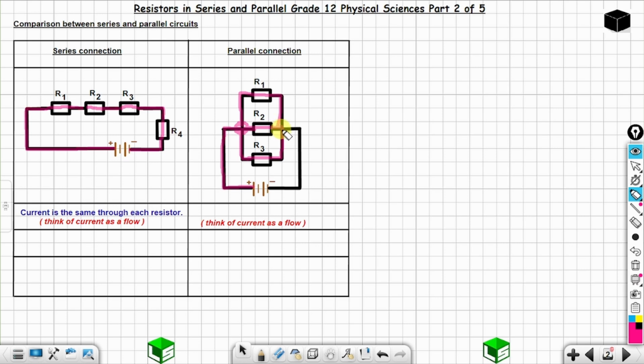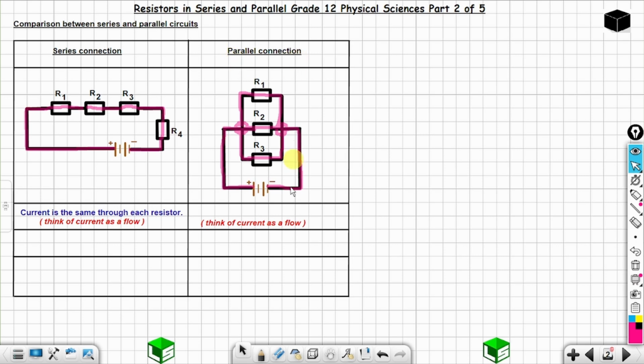Now you have 100% of the current back to the battery. So for a parallel connection, you have a splitting point and then a joining point.